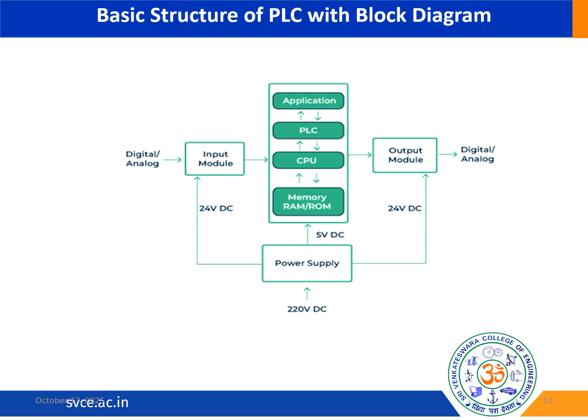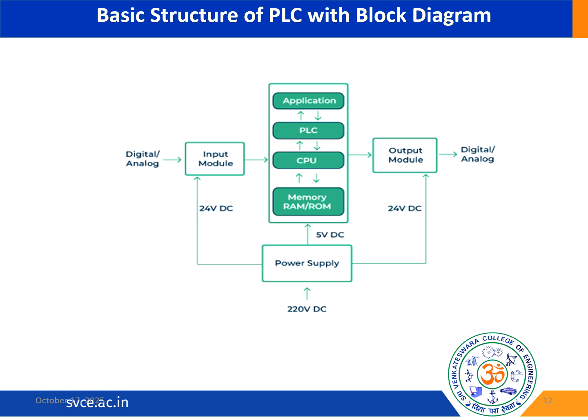Here you will be learning about the structure of PLCs with a block diagram. There are four main parts in this PLC: the input and output modules, the controller, and a power supply. The first supply goes to the power supply unit, which is 220 volt AC.